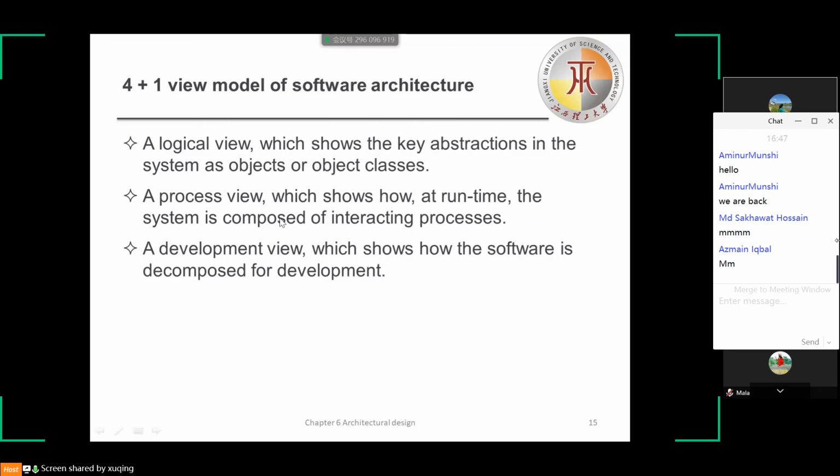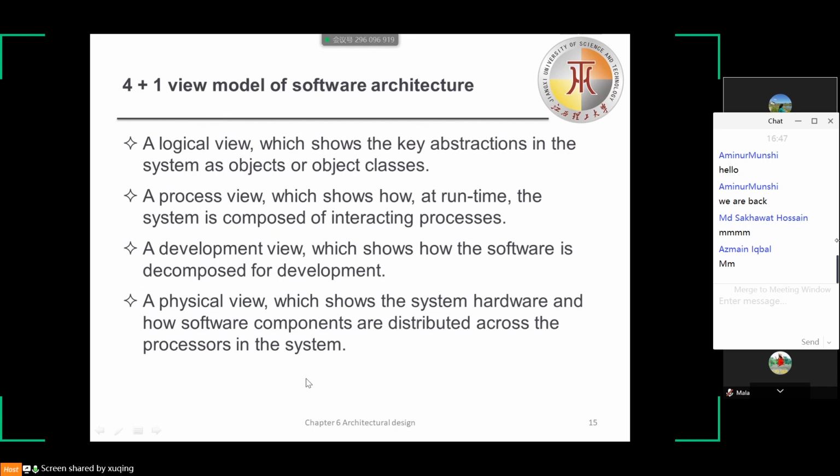This view is useful for software managers and programmers. It's like we decompose the total system into different components. And the fourth view is a physical view.